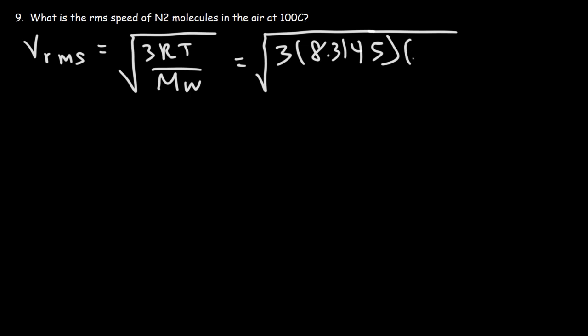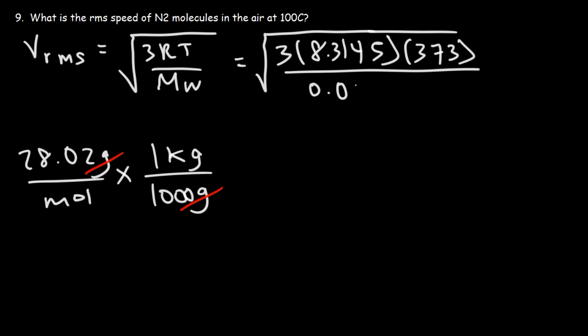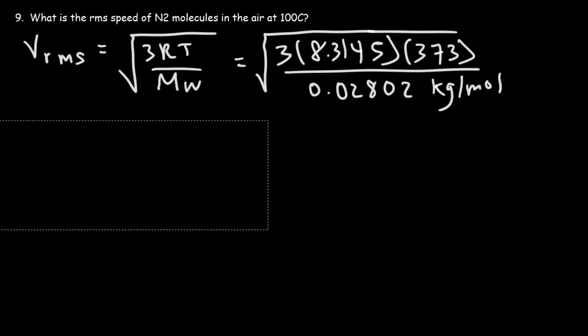Now, the Kelvin temperature is going to be 273 plus the Celsius temperature, so that's 373 Kelvin. The molar mass of nitrogen gas was 28.02 grams per mole. We need to convert grams to kilograms in order for this to work. So 1 kilogram is 1,000 grams. And so this is going to be 28.02 divided by 1,000, which is 0.02802 kilograms per mole. So go ahead and plug this into your calculator.